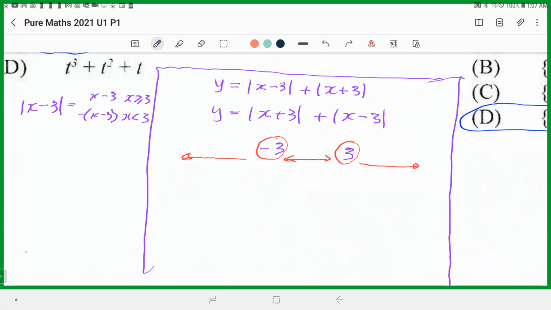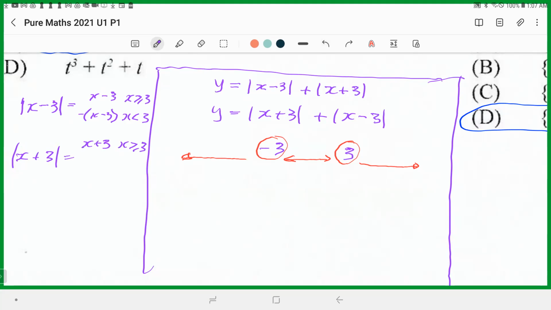The same thing happens to the other one, the x plus 3. The modulus of x plus 3 also has two values, but the critical value now is negative 3. So when you're on the right of negative 3, it remains as it is, and when you're on the left of negative 3, it becomes the negative of what it is. It remains x plus 3 when x is greater than or equal to negative 3, because it's going to stay positive.